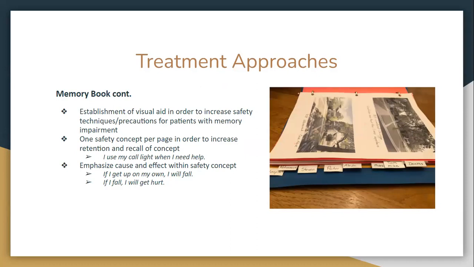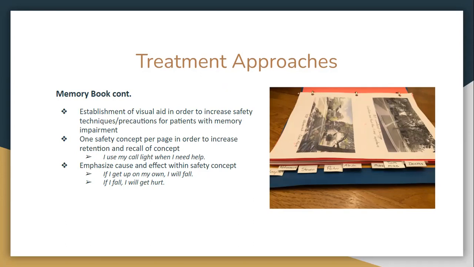I will put one safety concept per page within the book. An example would include, I use my call light when I need help. Putting one concept on the page helps the patient to retain the information.